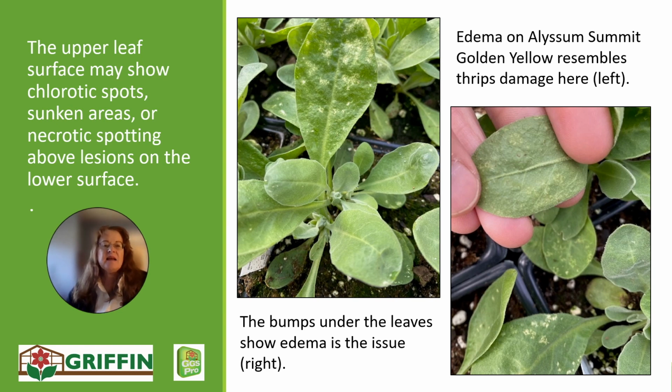Here we see something that we thought initially was thrips damage until we got a better picture that showed us both the top of this leaf and the bottom of the leaf with the bumps here on these young alyssum plants.